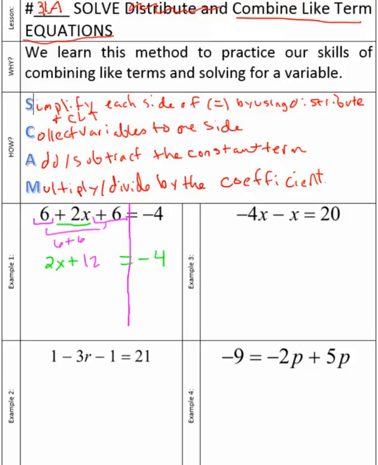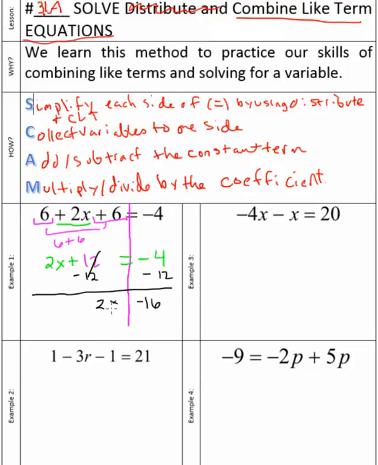Now this turns into just a straight up two-step equation. There's no collecting variables to one side. I don't have variables on either side of my equal sign. I only have it on one. So now we can go to add and subtract the constant term. Well, this is the variable term. It has the variable. This does not have a variable, so it's the constant. So I'm going to subtract 12 from both sides. Okay, so -4 minus 12 is -16.